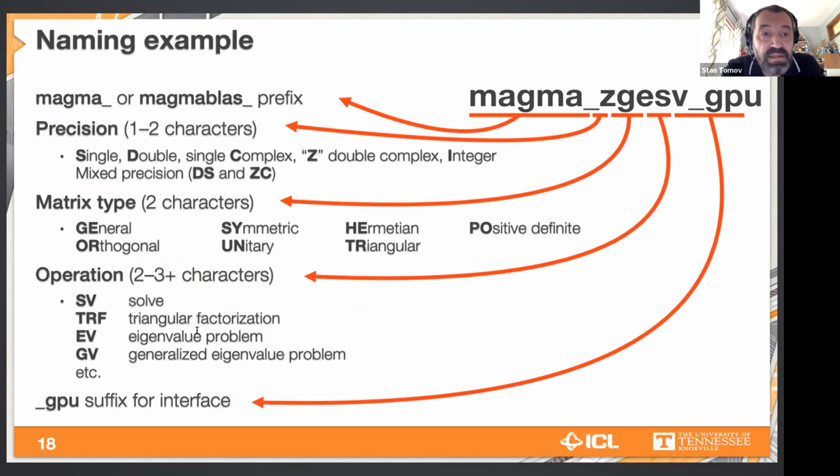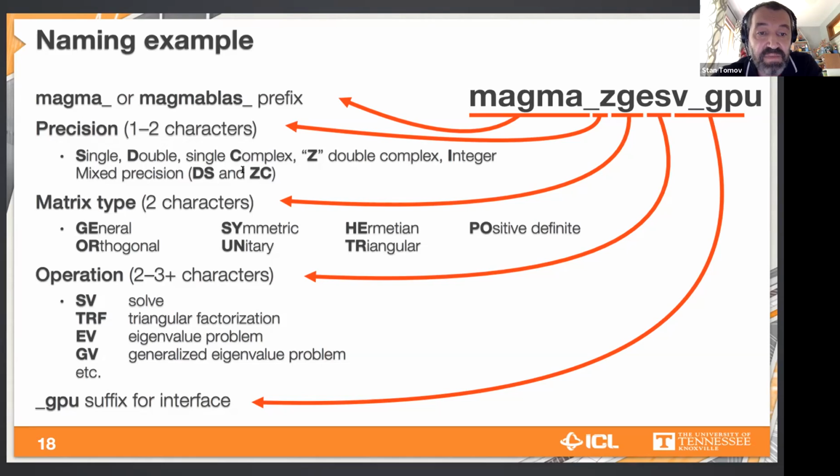This is the naming convention. The routines are prefixed with magma_ to indicate that it's MAGMA. After that is the name of the routine, following exactly the LAPACK style. So in this case, the first character is for precision, Z for double complex, and so on, as described here.